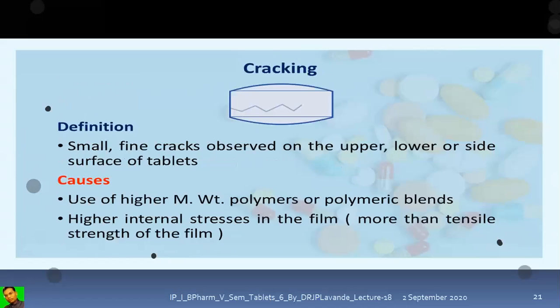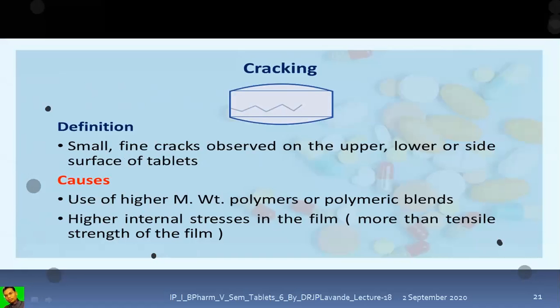The second is the cracking. You can see the cracks that are going to be observed in the case of the coatings, and this is defined as small fine cracks observed on the upper, lower or side surface of the tablet. Now this cracking is because of what? The cause is the use of higher molecular weight polymers or polymeric blends.